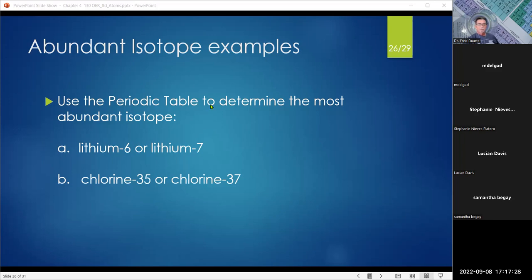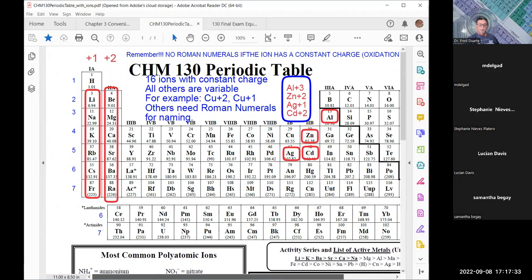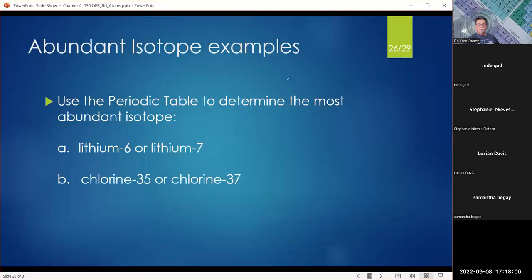You look at the periodic table and look for lithium, which is over here, number 3, and its atomic weight is 6.94. So you take that 6.94 and round it up to 7. So lithium-7 is the most abundant isotope of these two.